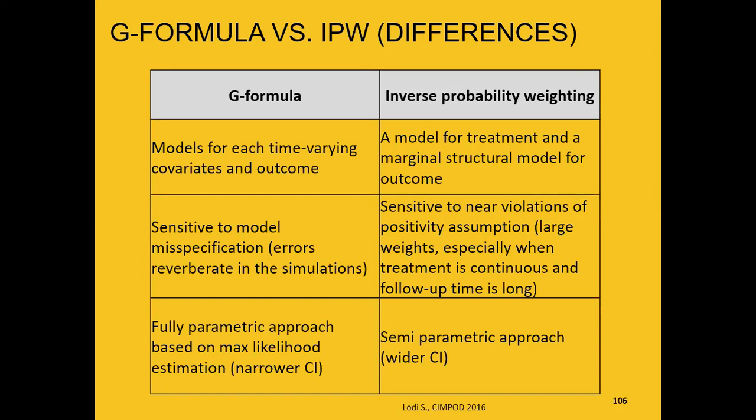So it relies heavily on the specific model specification. That is a disadvantage of the G formula approach. G formula is sensitive to model misspecification.